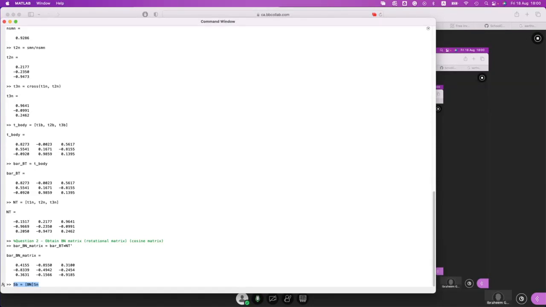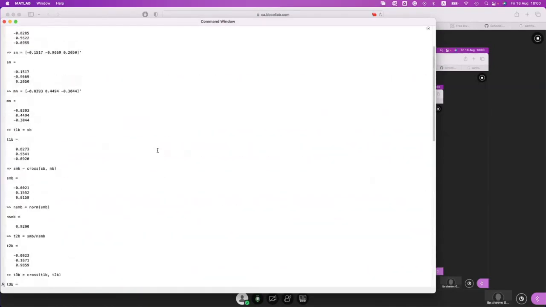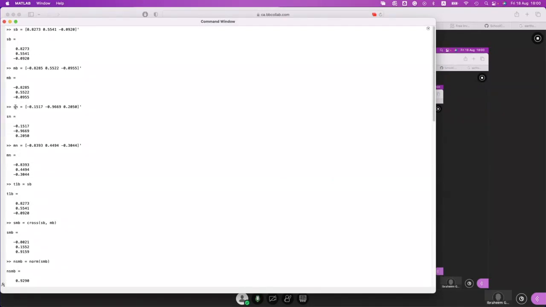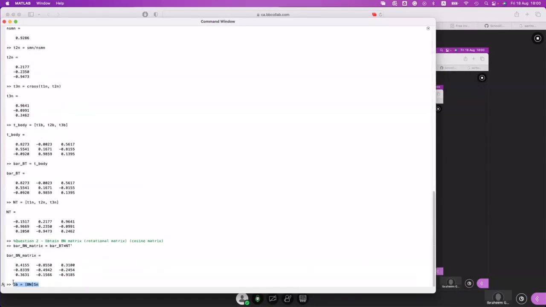But let's look at something interesting from here. Let's multiply this rotation matrix with our Sn. What's my Sn? Let's just pick one of these. Okay, this is my Sn, which is given. Let's multiply our bar Bn matrix, a dot multiplication, by Sn.